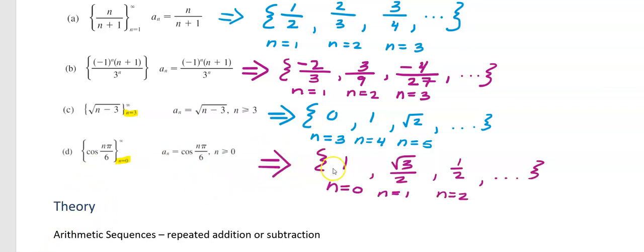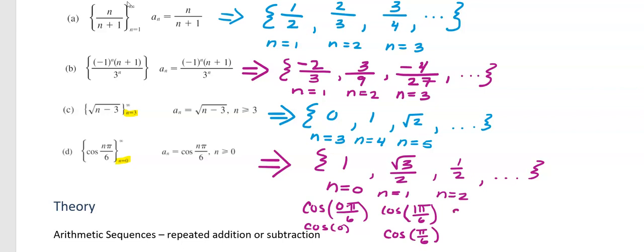Okay, so hopefully you can see that your n equals 0 term would be 1. The reason for that, if you want to take a closer look, would be because when you plug a 0 in for n, you would end up with the cosine of 0 times pi over 6, which is really just the cosine of 0, and the cosine of 0 is 1. For the second one, you would really end up with the cosine of 1 pi over 6, or pi over 6, and that answer is the square root of 3 over 2.